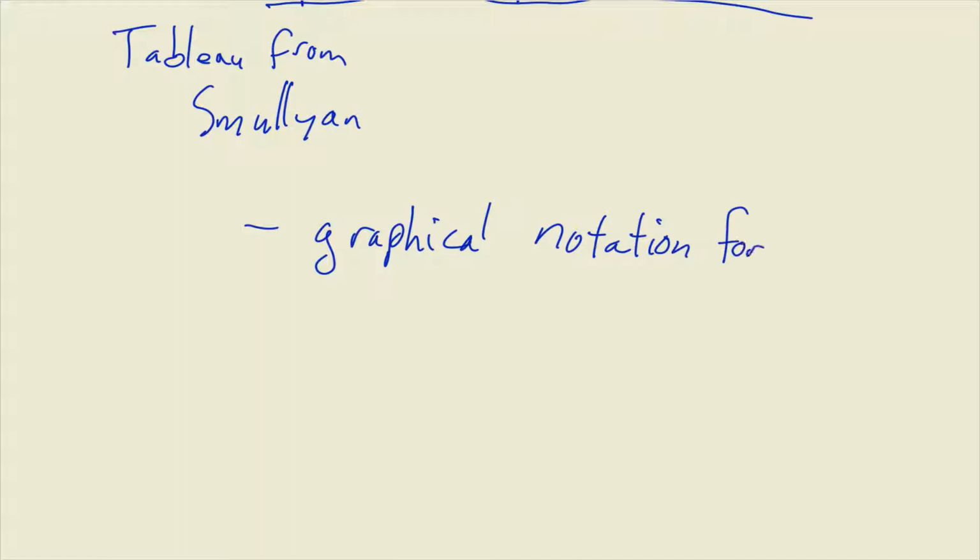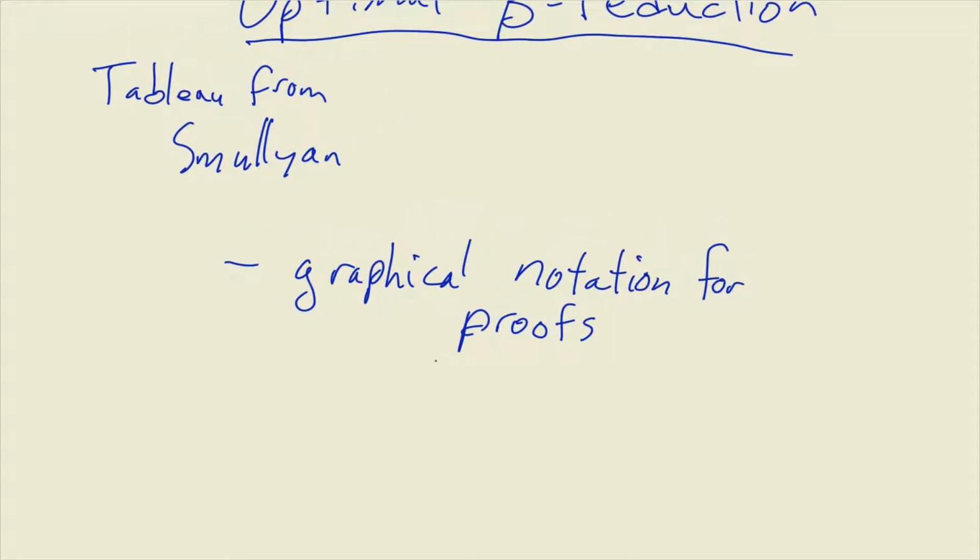And if you're familiar with some of the background of optimal beta reduction, you're thinking, oh, you mean they're like proof nets. Well, I think these came way before proof nets, so I think you could say proof nets are like these. I'm definitely not an expert on proof nets and am becoming more knowledgeable about Tableau, but Tableau are a pretty simple idea.